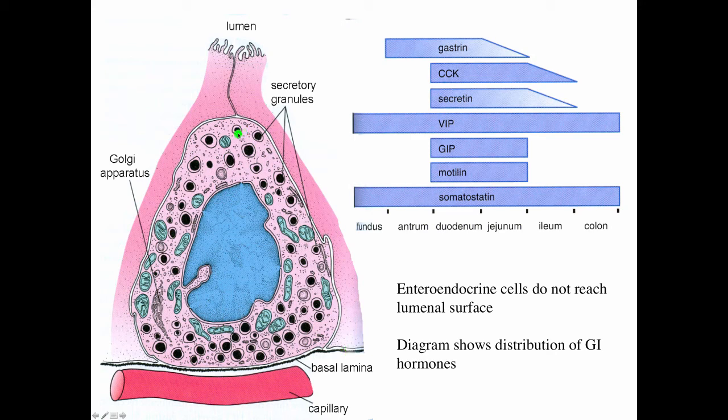So this is an enteroendocrine cell, and here on either side of it would be epithelial cells that are surrounding it. So the lumen of the GI tract would be here.